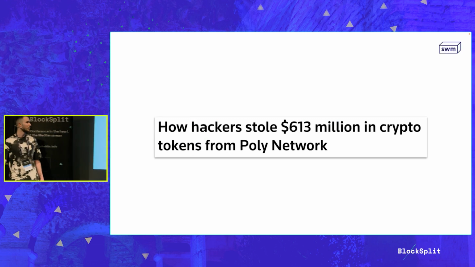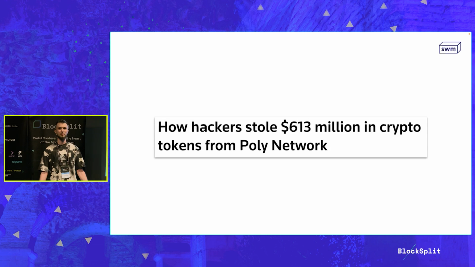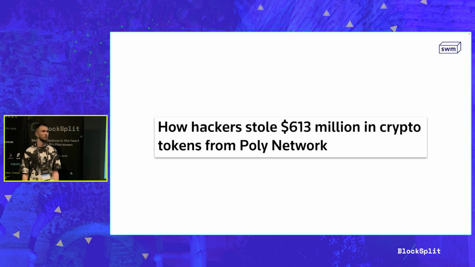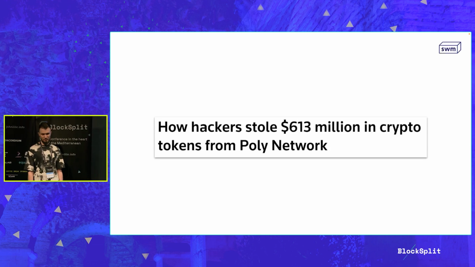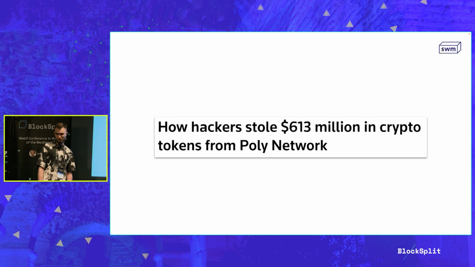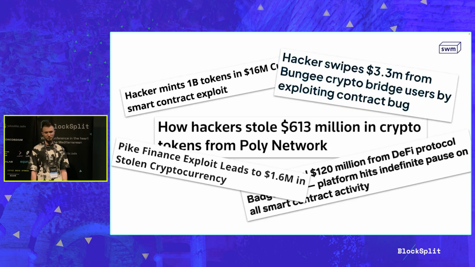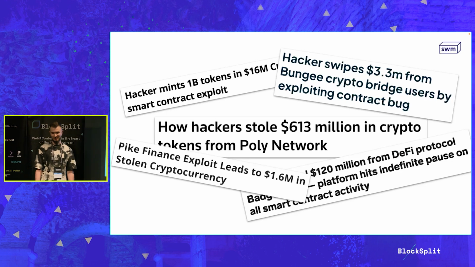So we've all heard for sure about smart contracts getting hacked. It's not something unusual. It's not hard to find many headlines about the millions of dollars that get lost weekly and monthly.